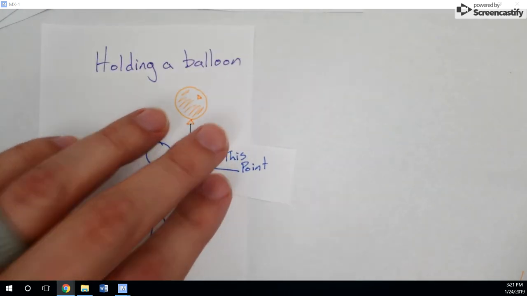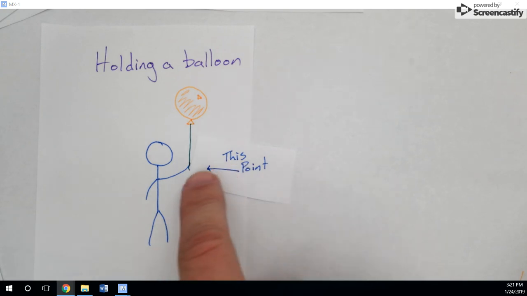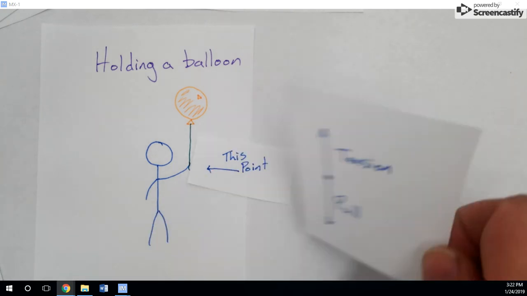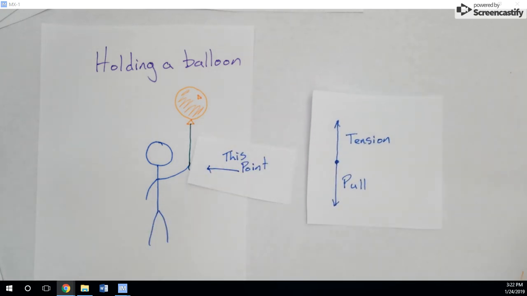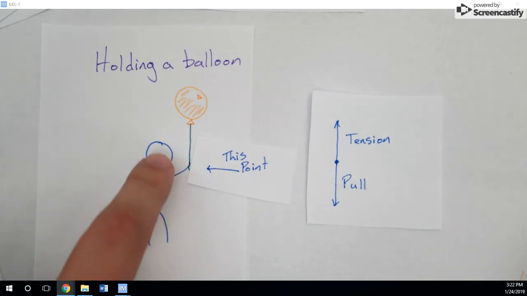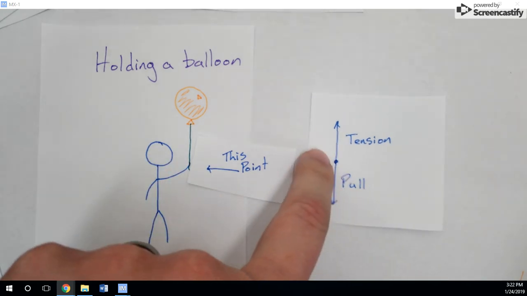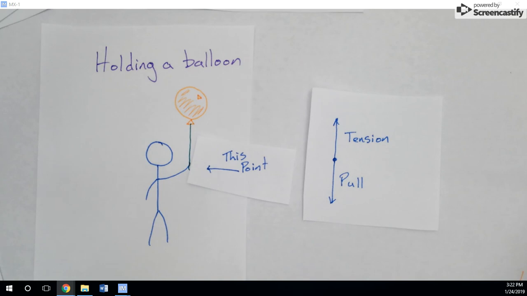So if we look at that one, instead of drawing the picture on it, we can draw the picture next to it, and we can represent that point of interest with a dot, and then we can draw on the forces that we have here. So there would be a pull down, that would be my hand pulling down on the string, and there would be a force up called the tension, which would be the balloon pulling up on my hand.